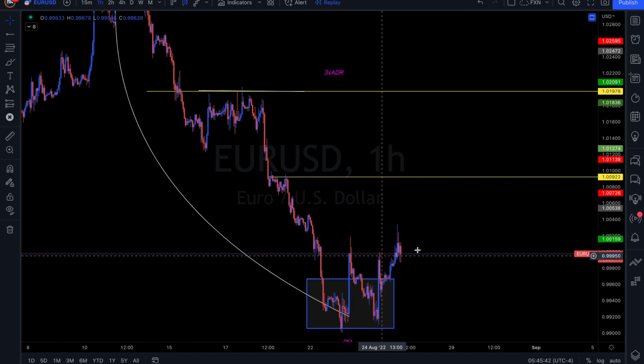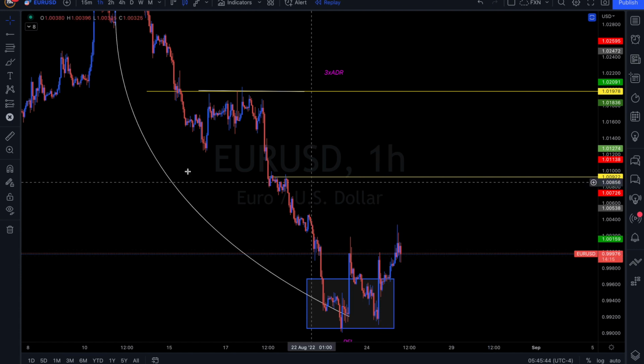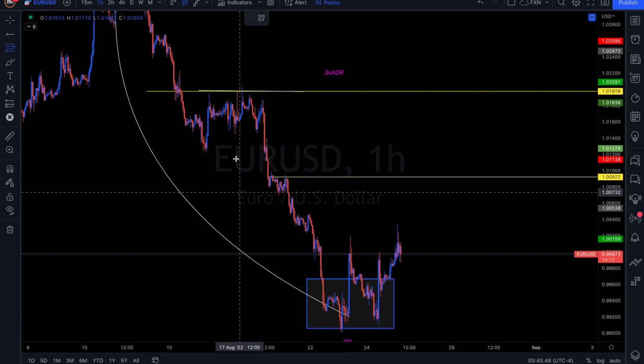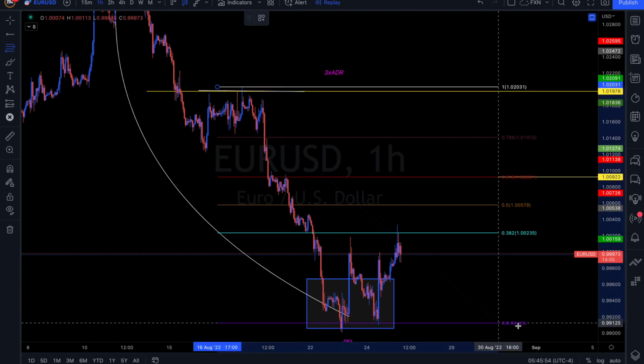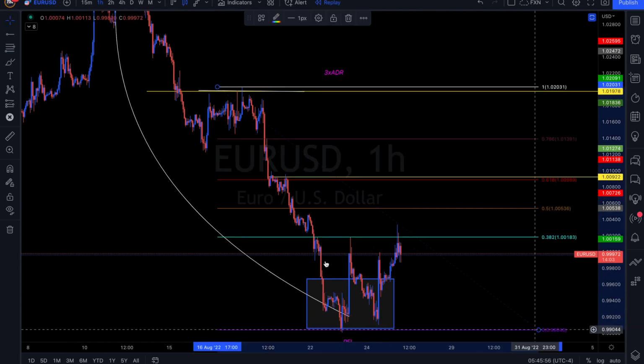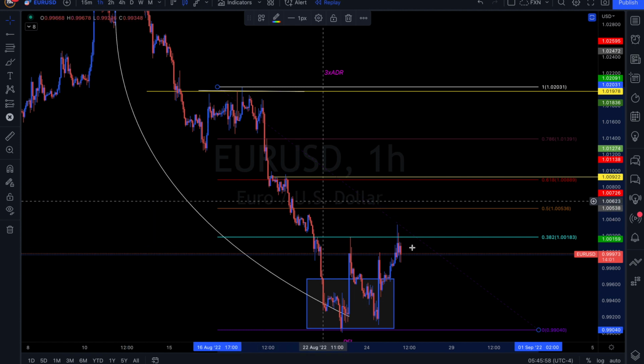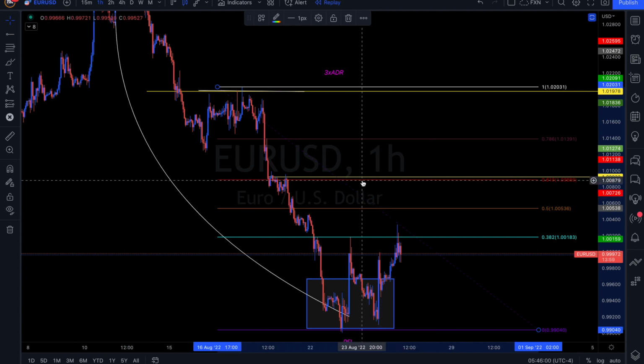One thing you could also do on this is take out a fib and go from the most recent high point, which is here, to the low point. This would give you a structure of where we could see price action go before a sell-off happens.